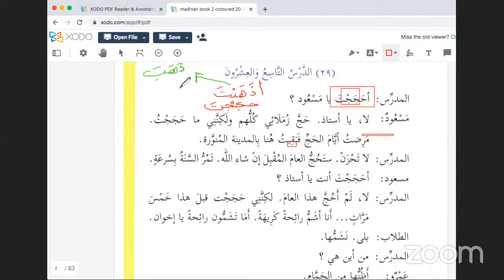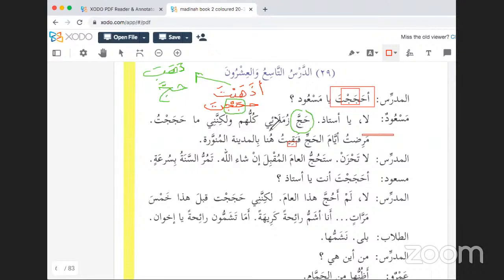We don't say hajaja because that's difficult to pronounce and there is another alternative, and the alternative is to bring these two letters, these two jims together, to merge them, and represent them with a shadda to show that this is two letters together. So here he said, La ya ustad hajja zumala'i.